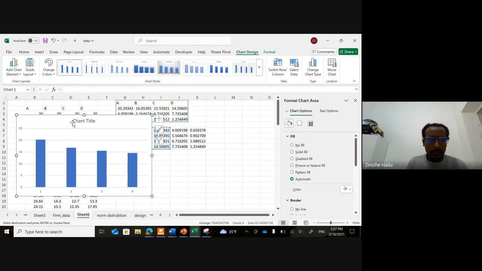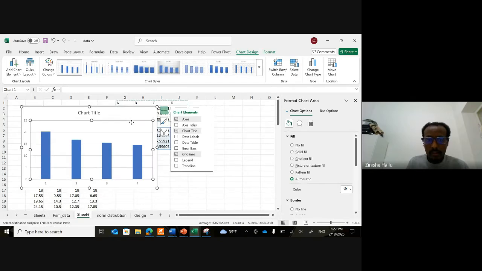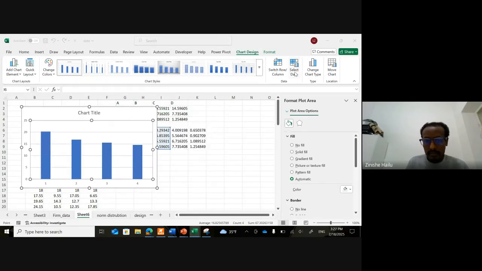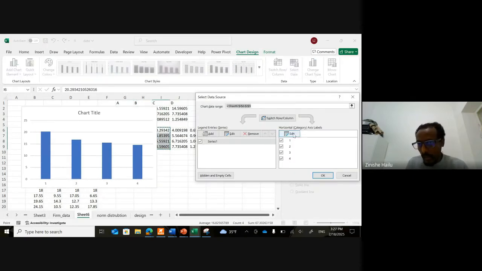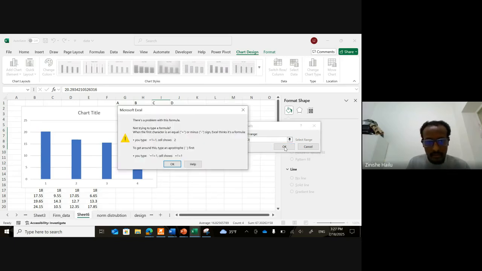And then you can label this: click here, and you can edit the label part. So equal to A, B, C, D, and enter.